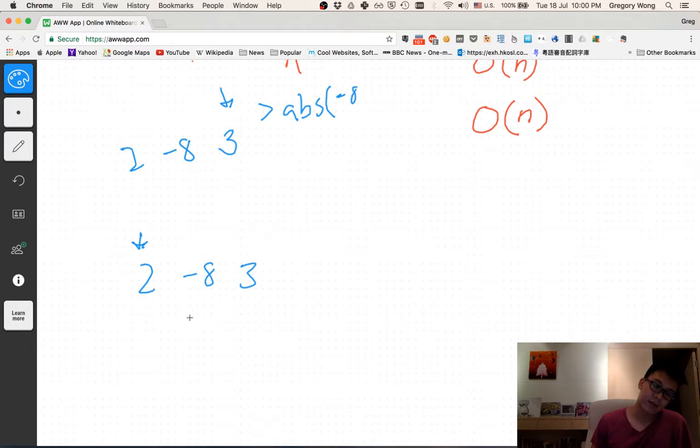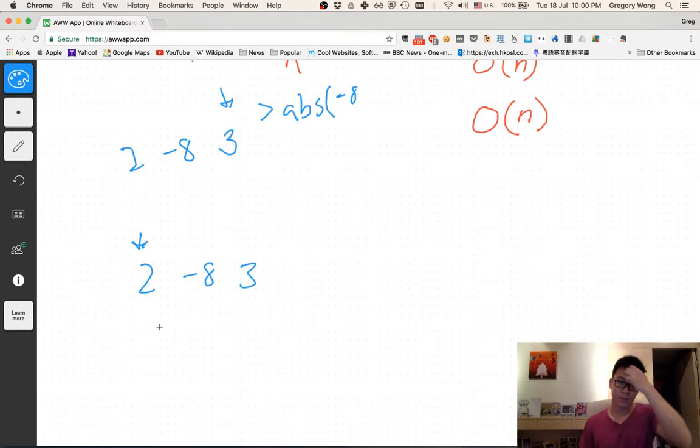So I have 2 by itself, and if the next one is negative, then... if the next one's positive, then I definitely want to add that. If it's negative, then I want to see the next one as well to see if it's worth adding.